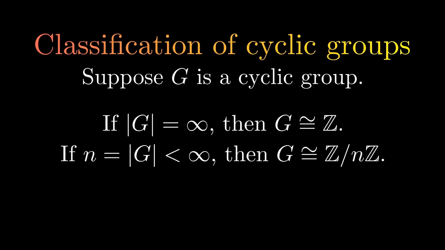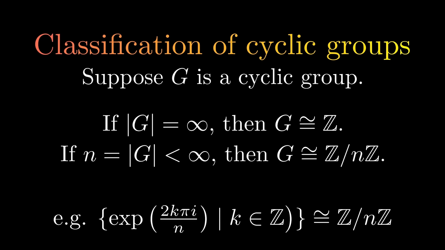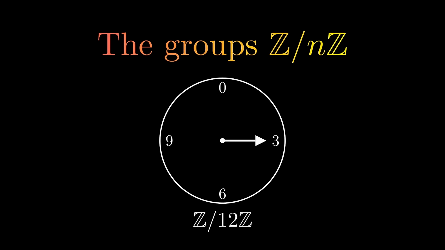For example, the group of -1 and 1 under multiplication is isomorphic to the quotient of the integers by the even integers. More generally, the group of the roots of unity of order n is isomorphic to the quotient of the integers by the multiples of n. Now let's take a closer look at the quotient groups of integers. Consider the arithmetic of a clock.